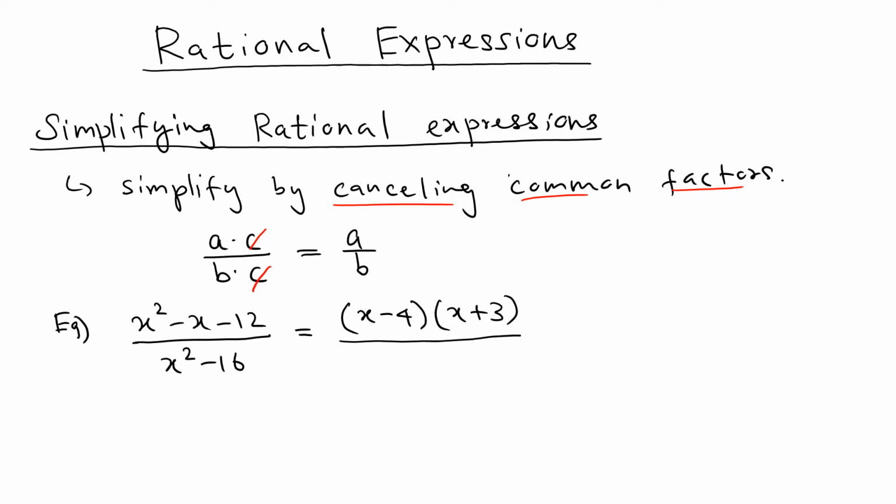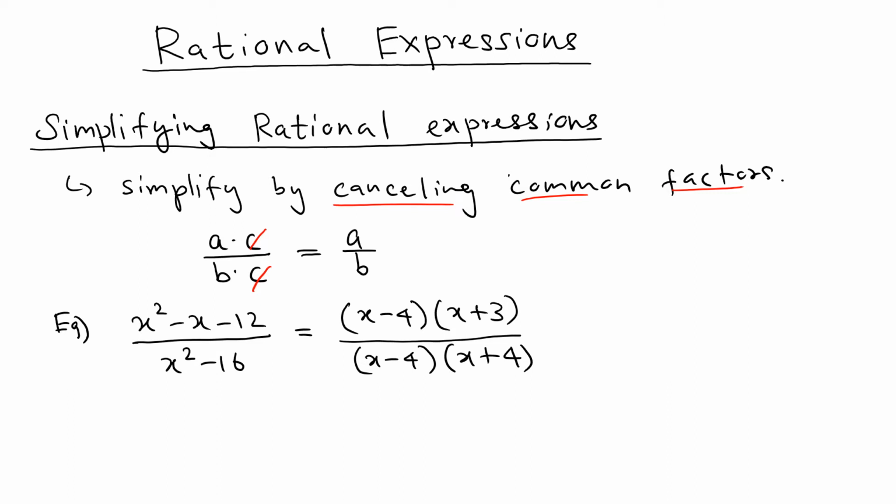And for the bottom, that's the difference of squares formula, because 16 is 4 squared. So you can write this one as x minus 4 and x plus 4. If you are not familiar with how to find factors, please look at the video about factoring polynomials, and you can find the link in the description.